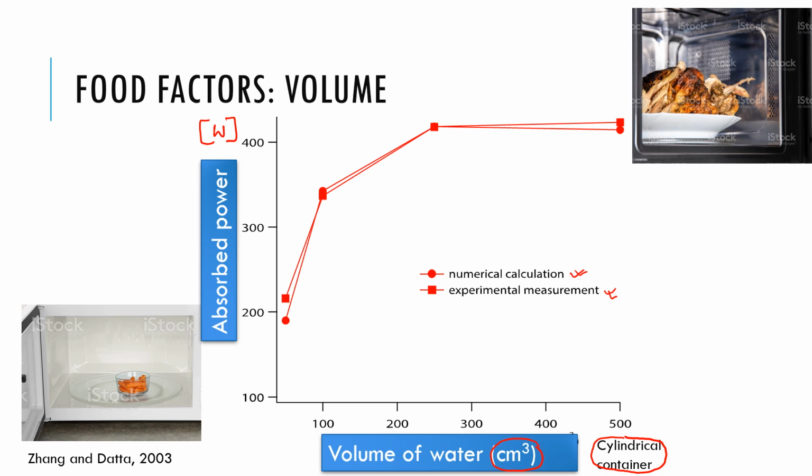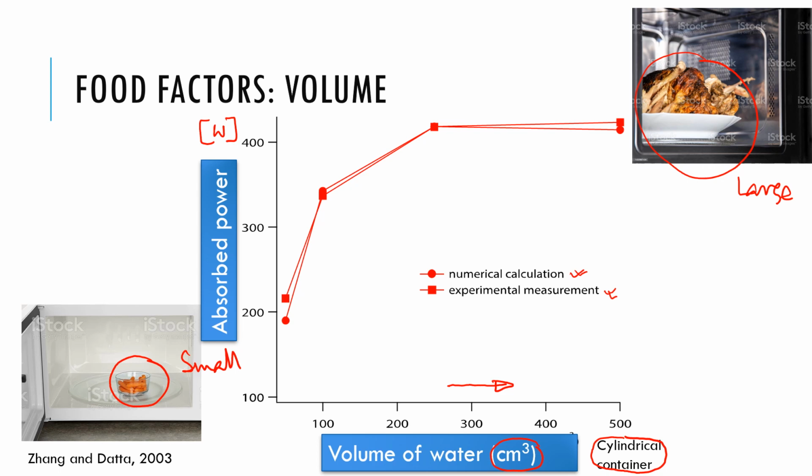As we increase the volume, as we go this way, from small to large, the amount of energy, the power from the oven that is absorbed by the food increases, as you can see.